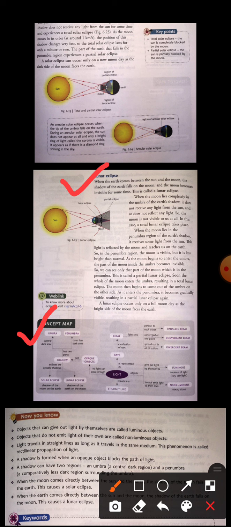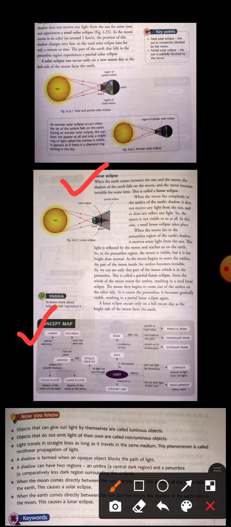And what are opaque objects, and if an opaque object is placed in the path of light, then we get a shadow. We have to know about different types of shadow, how the size of the shadow varies, and also about the umbra and penumbra regions.